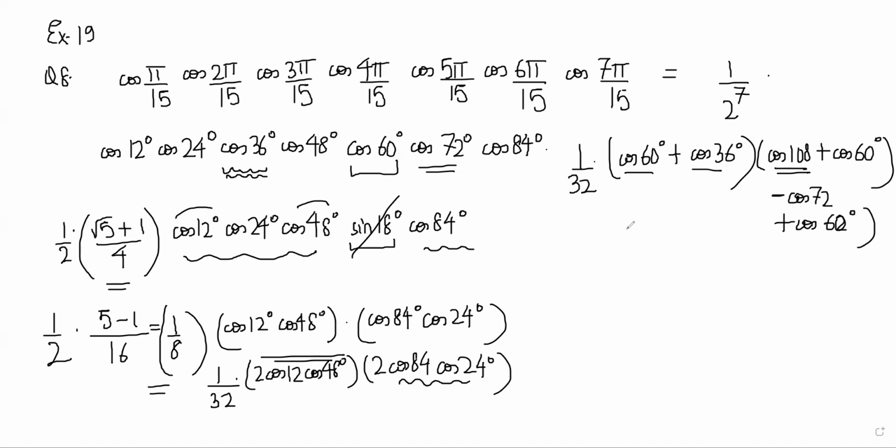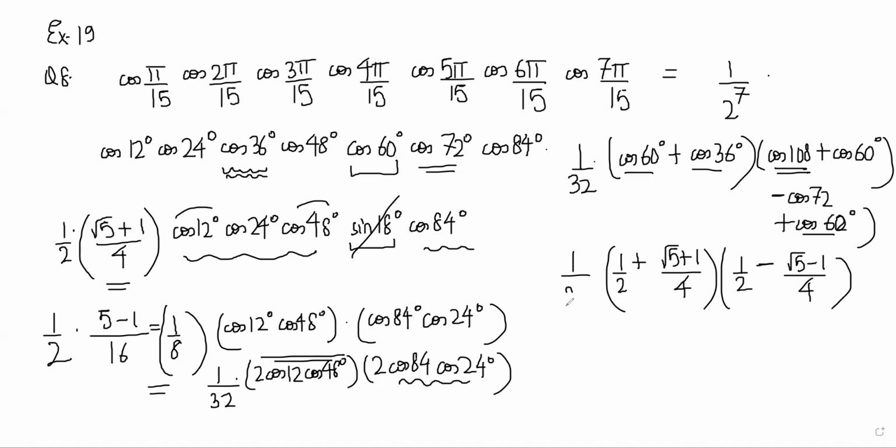Okay. So now notice that all of these values we know now, right? Because you have half. Cos 36 we already knew is root 5 plus 1 by 4, right? And here we have half, and this is minus sine 18, and sine 18 we know is root 5 minus 1 by 4. And outside there is 1 by 2 power 5, correct? So after this, it is a matter of multiplying and simplifying.